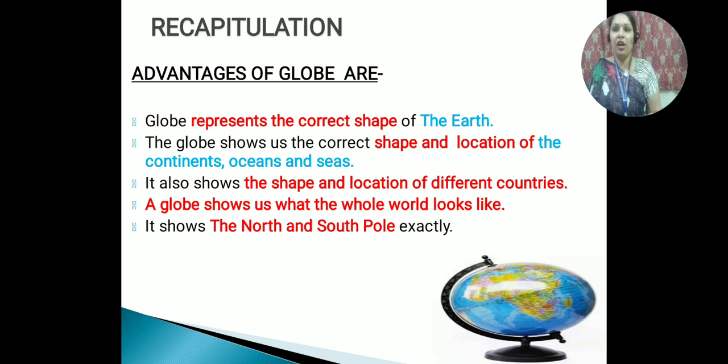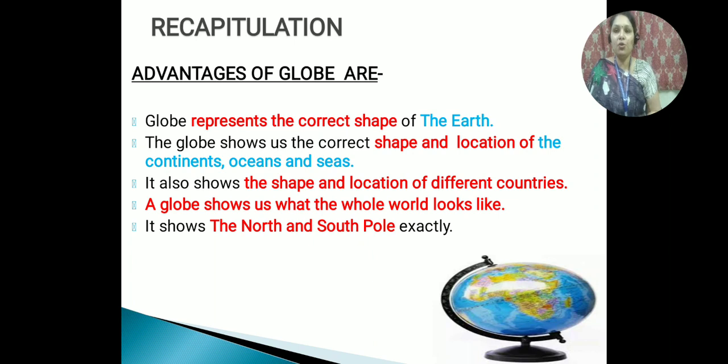Now, let us talk about the advantages of the globe. The globe represents the correct shape of the earth. It shows us the correct shape and location of the continents, oceans and seas. It also shows the shape and location of different countries. A globe shows us what the whole world looks like.